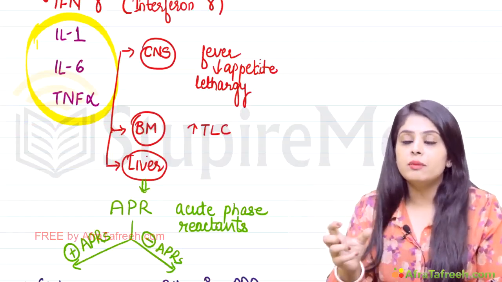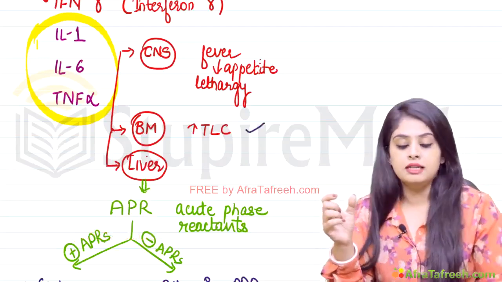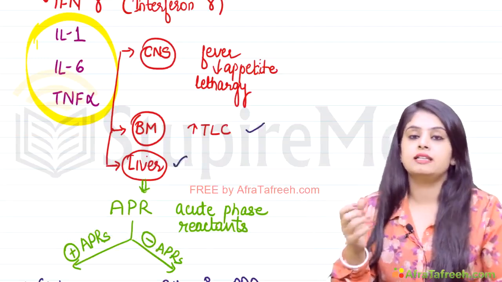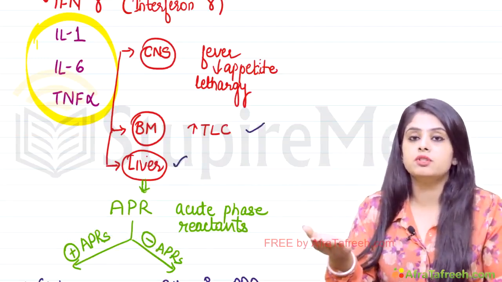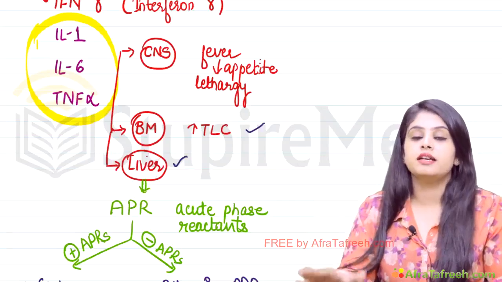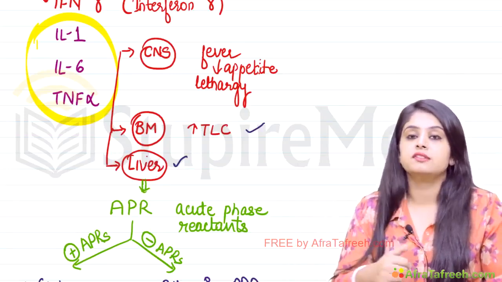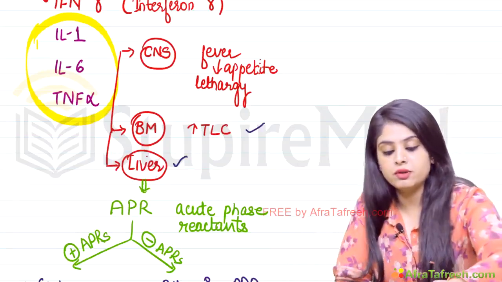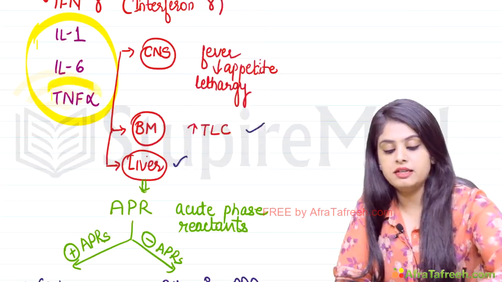They will act on the bone marrow, resulting in increase in the total leukocyte count. They will act on the liver, and they will either increase the APRs like CRP, fibrinogen, or decrease the APRs like transferrin and albumin.